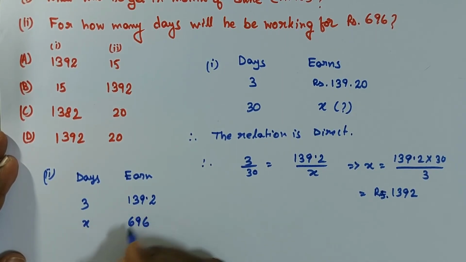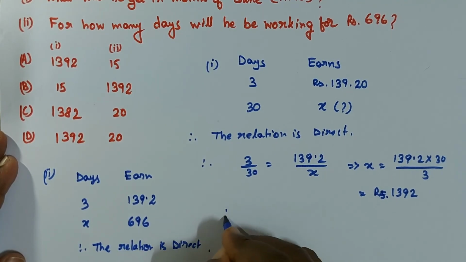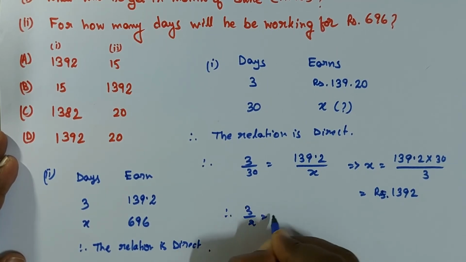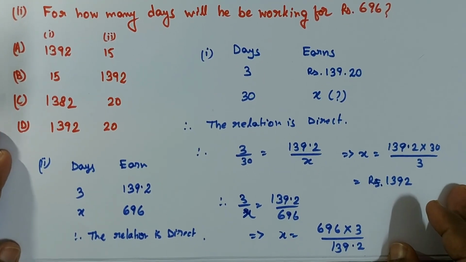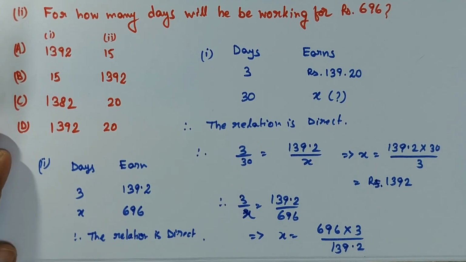Okay, the relation is direct. So therefore 3 by x is equal to 139.2 by 696, or x is equal to 696 into 3 by 139.2.